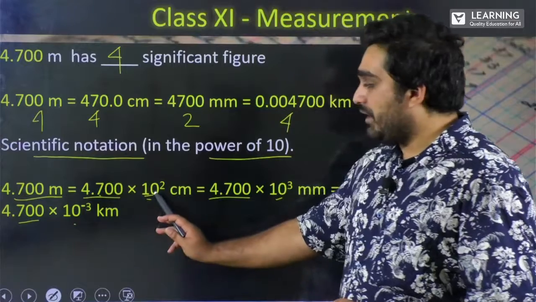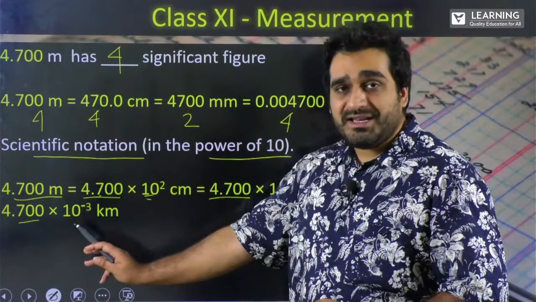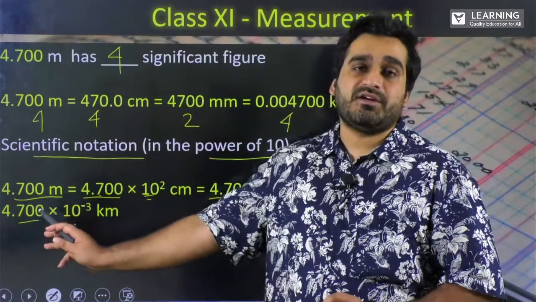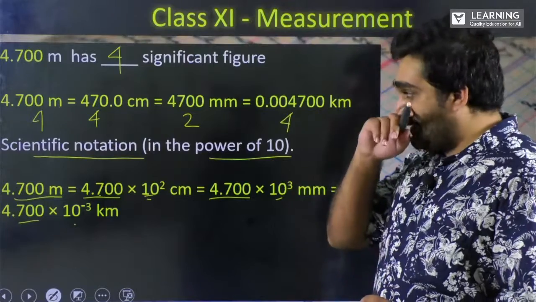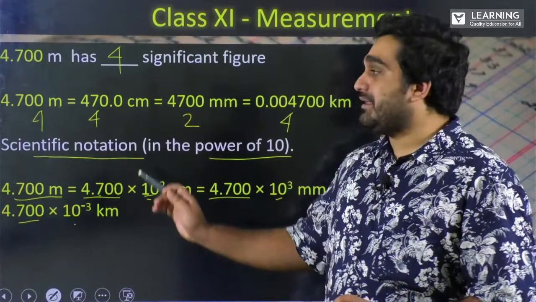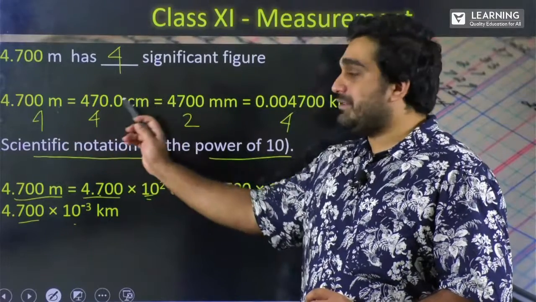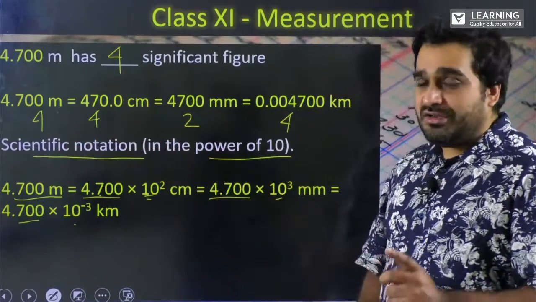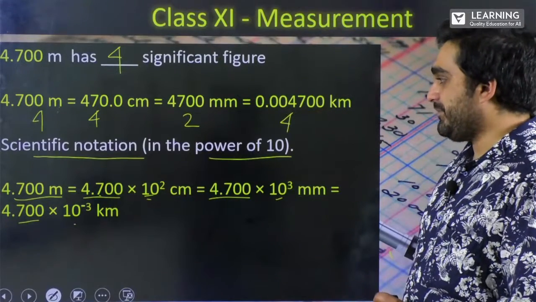What has varied here are the exponents, from 10 squared, 10 cubed, 10 to the power of minus 3, depending on the conversion from one unit to another. This is how you can eliminate the confusion: when converting from one unit to another, the significant figures do not change in scientific notation.